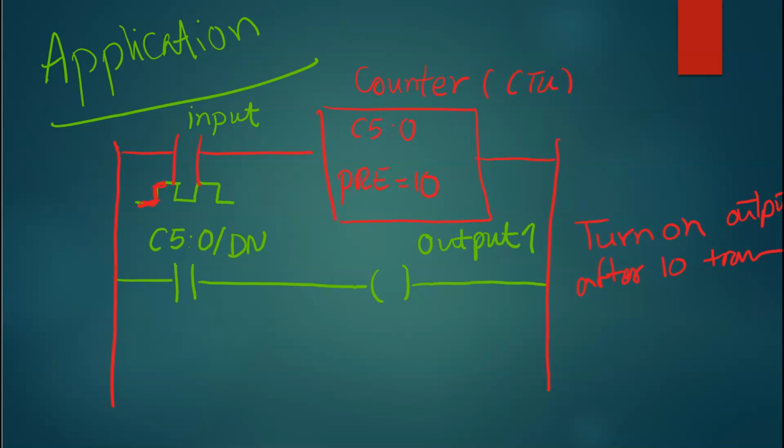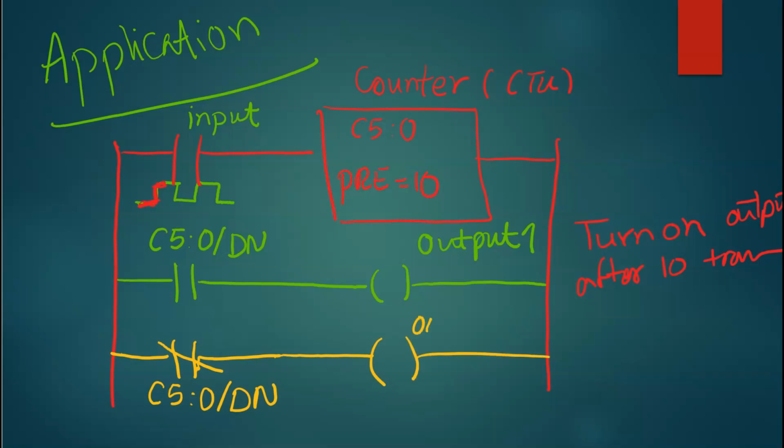Now, if I want to turn off an output field device after 10 transitions, I still have to use the done bit, but this time I have to use the closed contact. So here I need to use this address, C50 done bit, and use this input instruction for output 2.